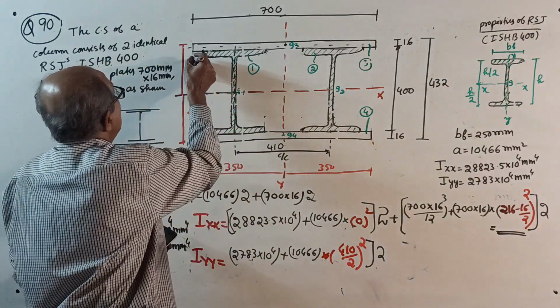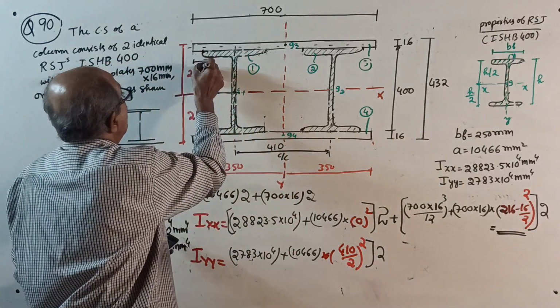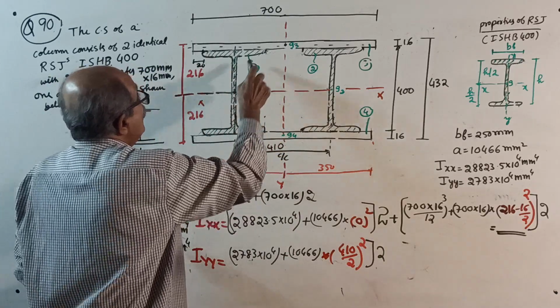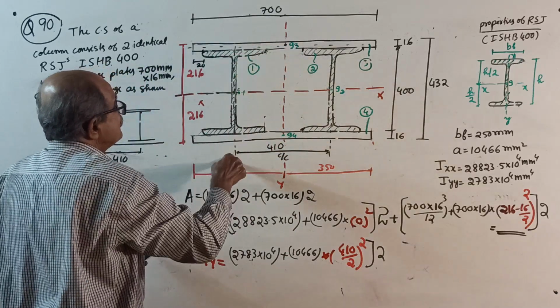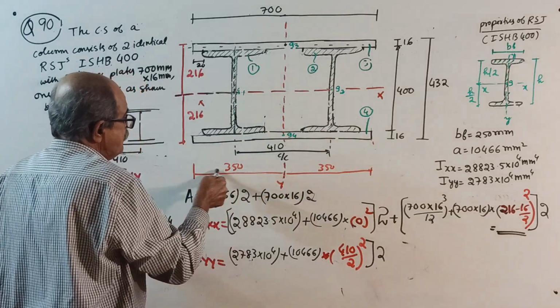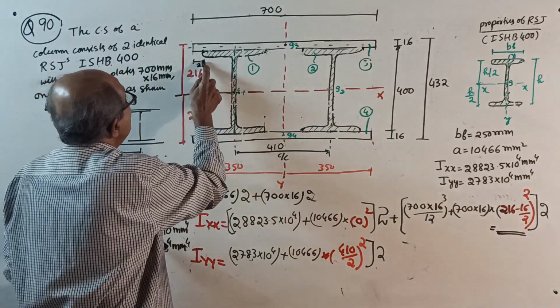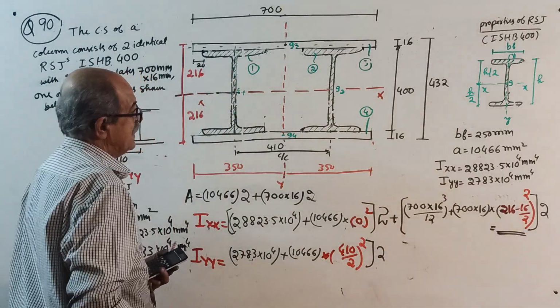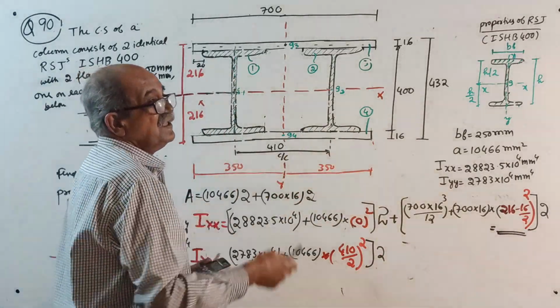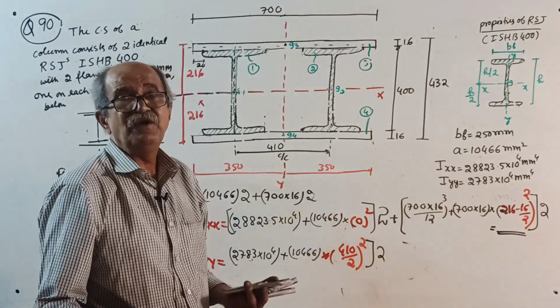If that is 40, this will be 20 mm. Then you can also do I about its own axis plus this distance squared, 350 minus 20 minus 250 by 2. But actually, why unnecessarily? If they give the center, directly you can get the answer.